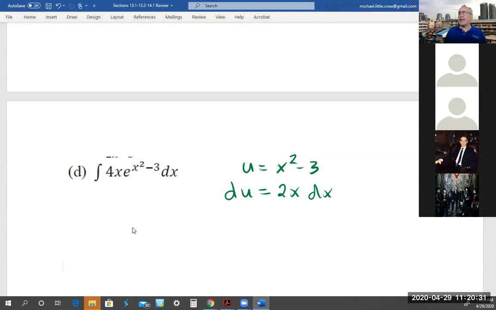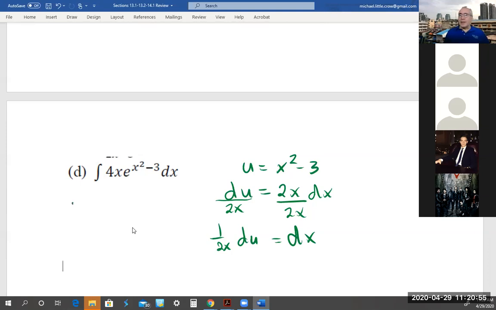Again, the derivative of -3 is 0. We've got to get dx by itself, so we divide by 2x. So when we substitute for dx, it becomes 1 over 2x du.